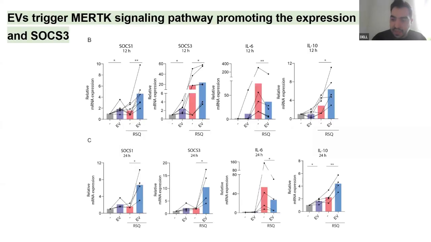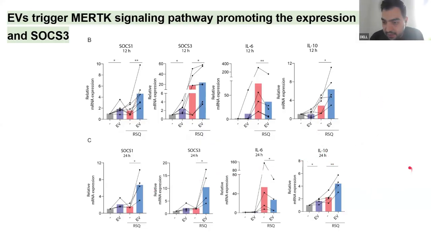A well-described pathway downstream of MERTK involves the induction of suppressor of cytokine signaling 1 and 3, SOCS1 and 3, which act as negative regulators of inflammation and macrophage polarization. In line with this, in cells stimulated with prosecuimod, the EV treatment significantly increased SOCS1 and SOCS3 transcript levels at 12 and 24 hours, as determined by qPCR.